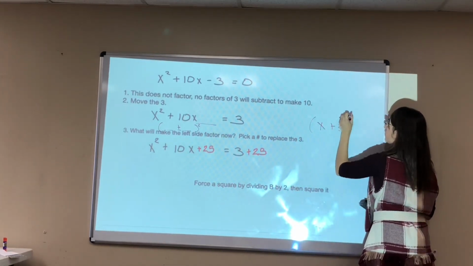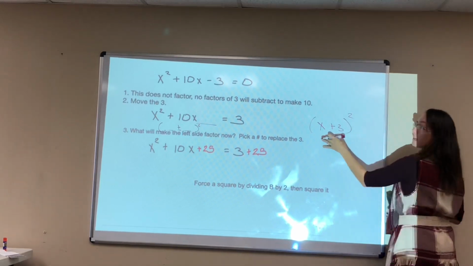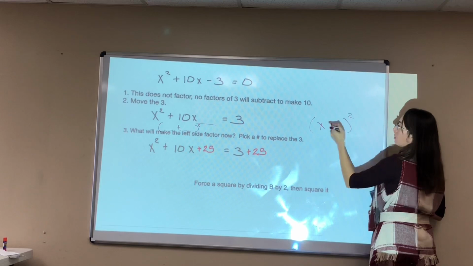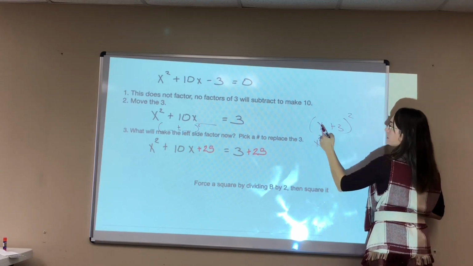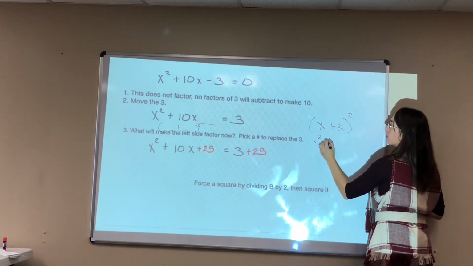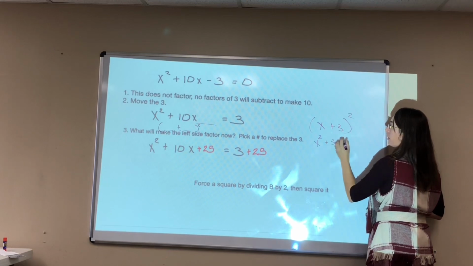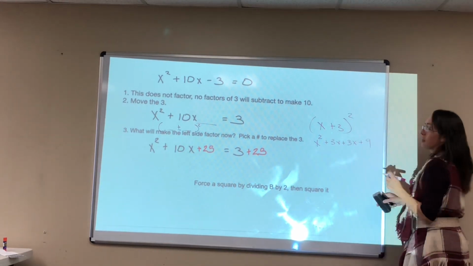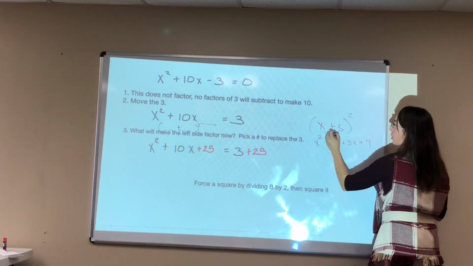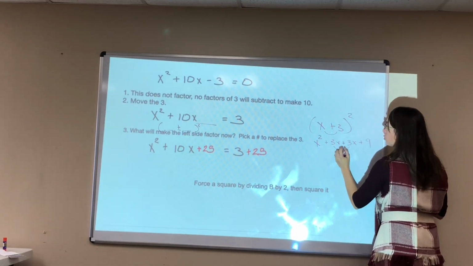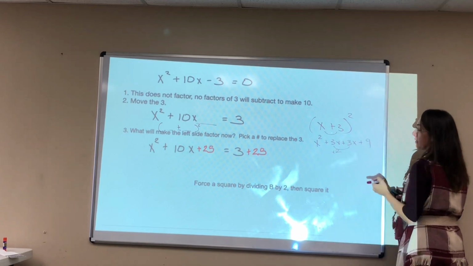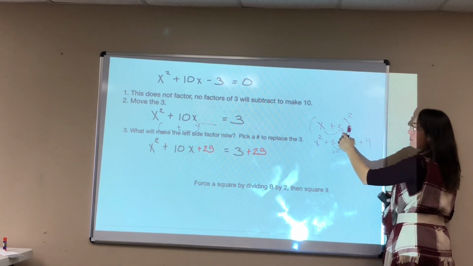When we FOIL, we get x squared. Our outers and inners are 3x, our inners and outers are 3x, and we have 3 squared on the end. So we have our first guy squared, we have 2 of these guys, and then we have our last guy squared.